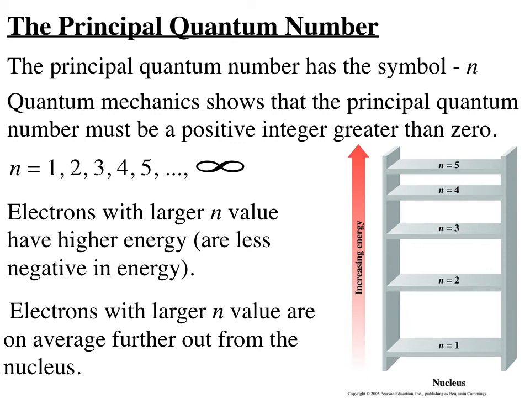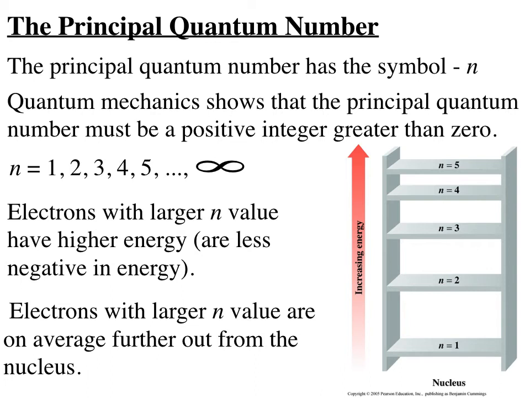So even though in theory the energy levels can go from 1 to infinity, in practice, in actual atoms, the energy levels only go from principal quantum number 1 up to principal quantum number 7. Each of these successively labels a higher energy orbital.